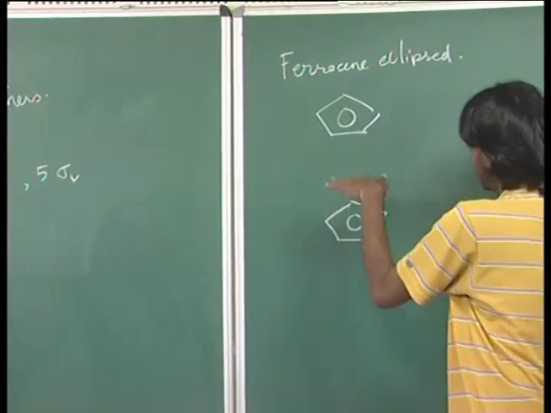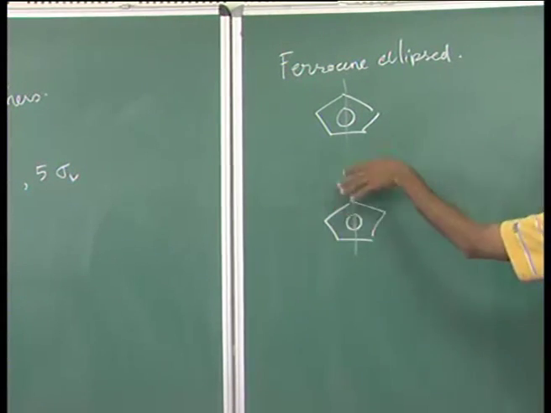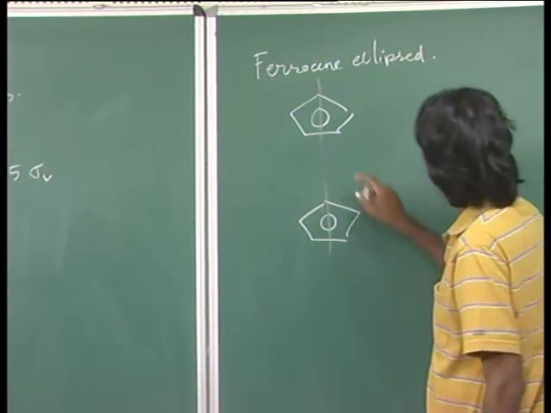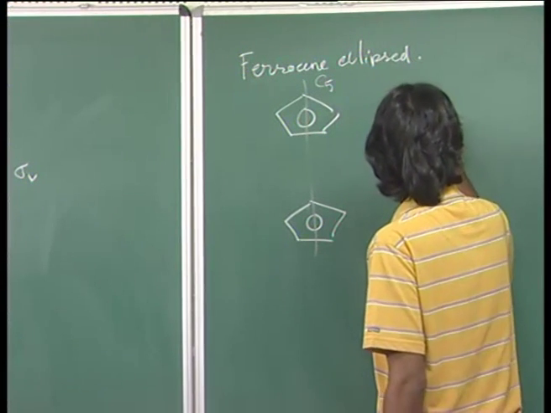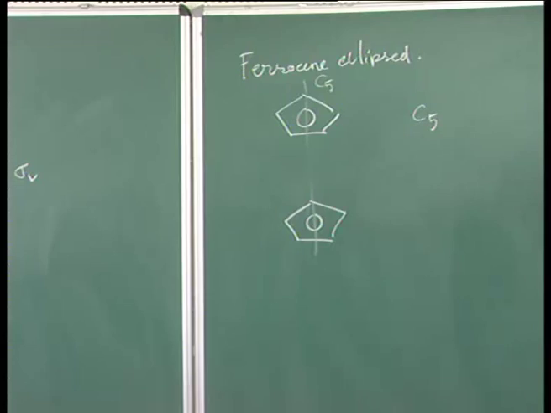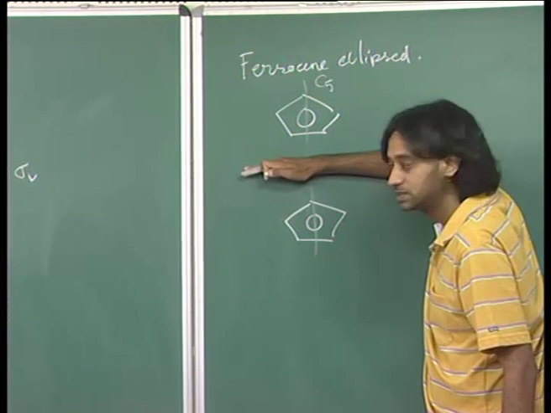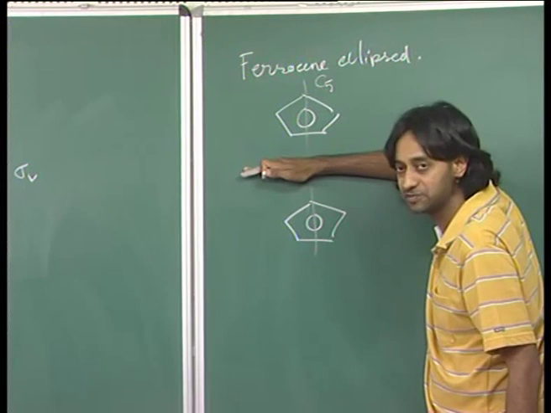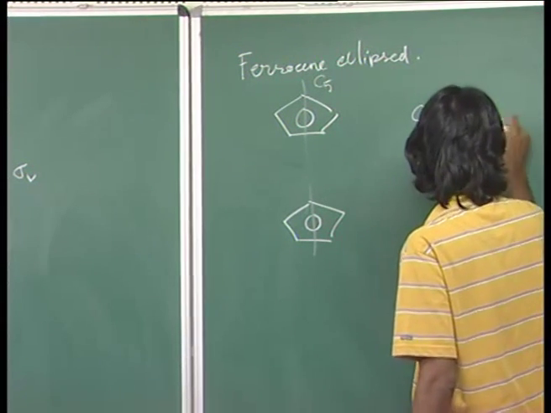So these two are in the same direction. The two pentagons are both pointing in the same direction. So now this is the C5 axis. So you have C5. Now this plane is a plane of symmetry. So this is a reflection plane. So there's a sigma h.